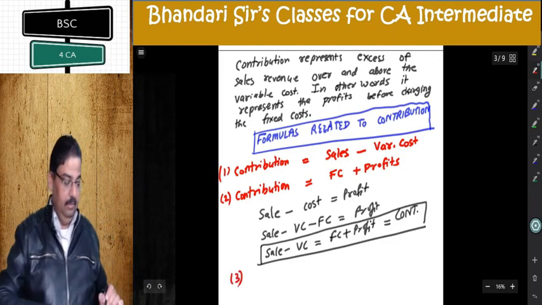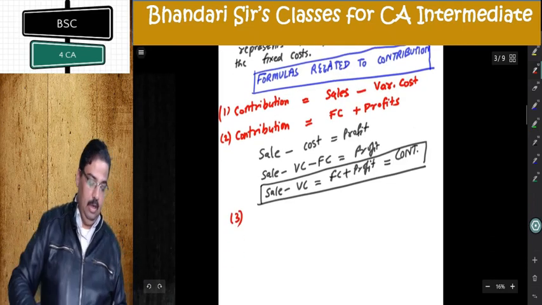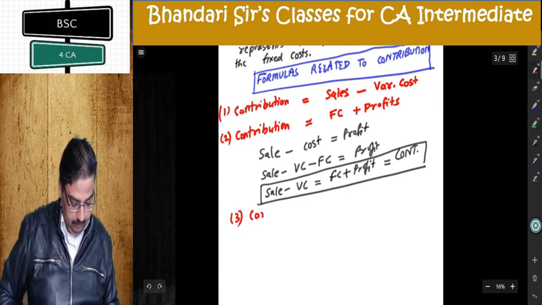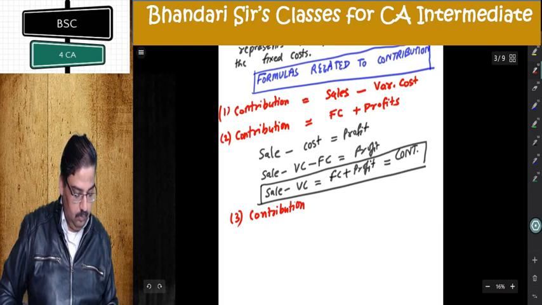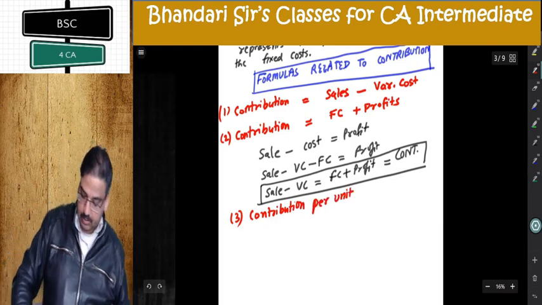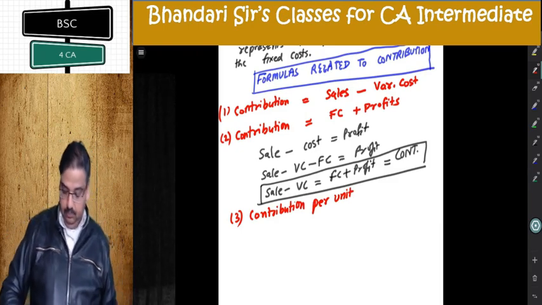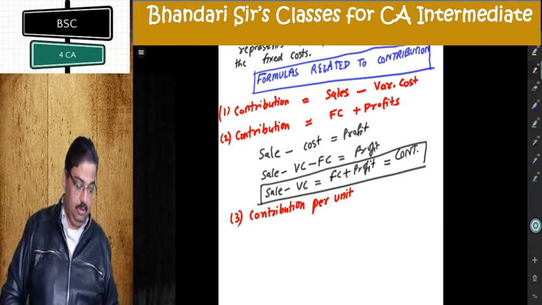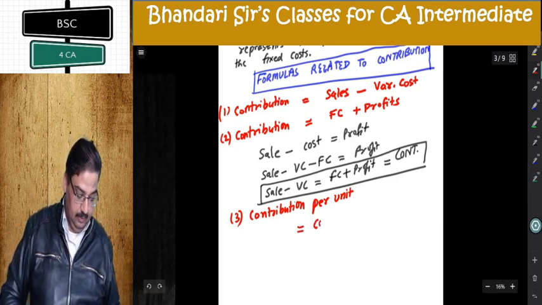Formula number 3, it is contribution per unit. There are various formulas for this. Very easy.